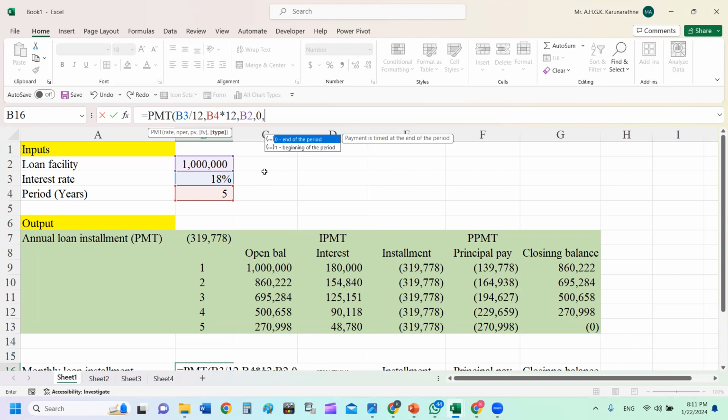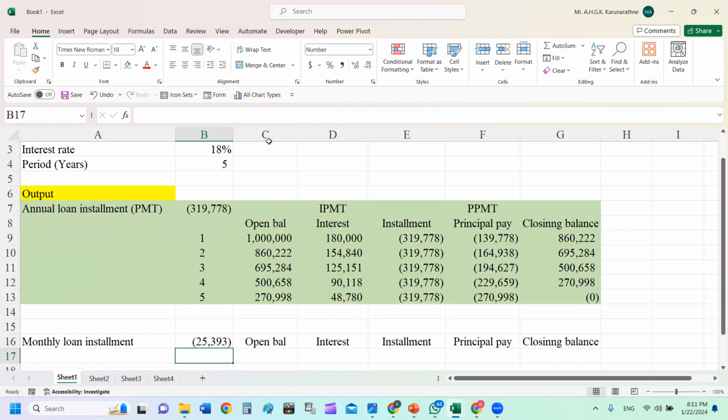Comma. Whether you are paying at the beginning or at the end. In the practical case, most likely a loan scenario, repayment is made at the end. If you pay at the end, put 0. In case you pay at the beginning, you can put 1. But in most cases, 0, at the end. Enter.